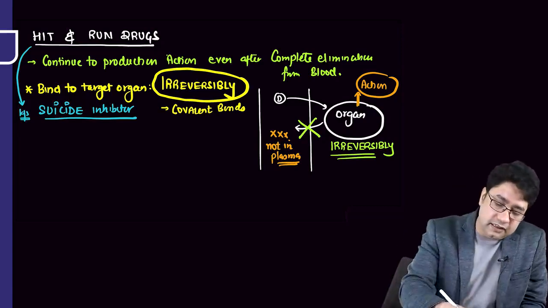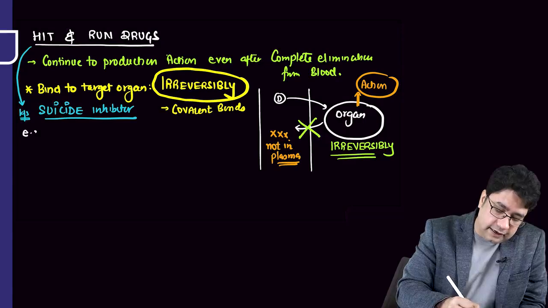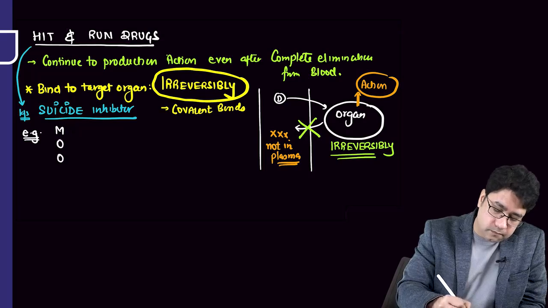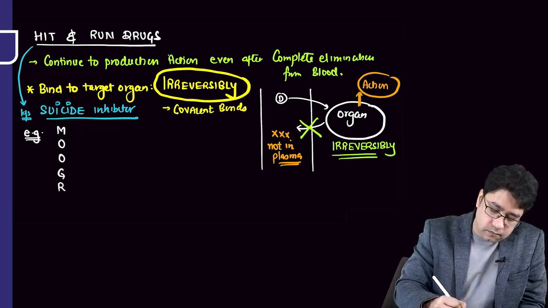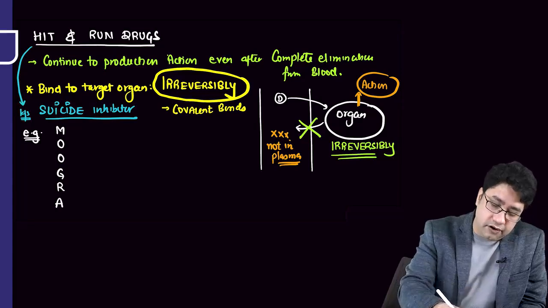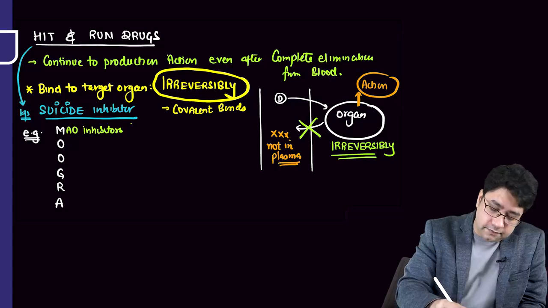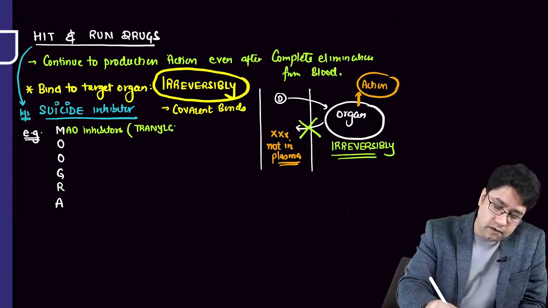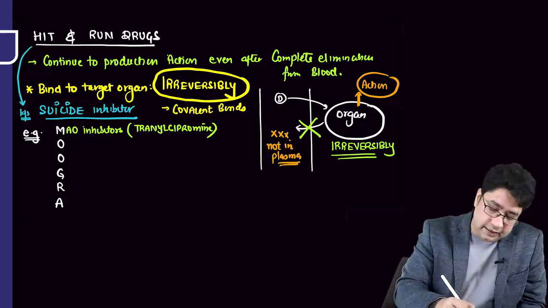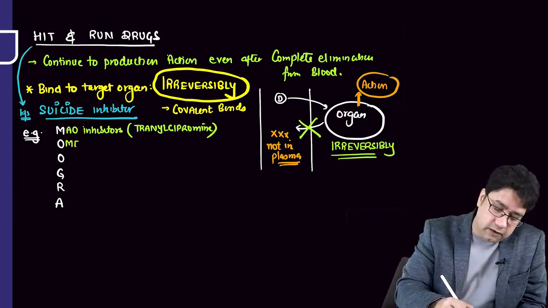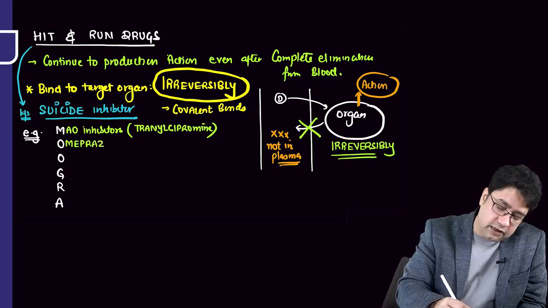So first let's write the examples of hit and run drugs. The mnemonic is MUGRA. M for MAO inhibitors like tranylcypromine. If you cannot remember tranylcypromine, fine. Then omeprazole. Heard about omeprazole? Which class of drug?